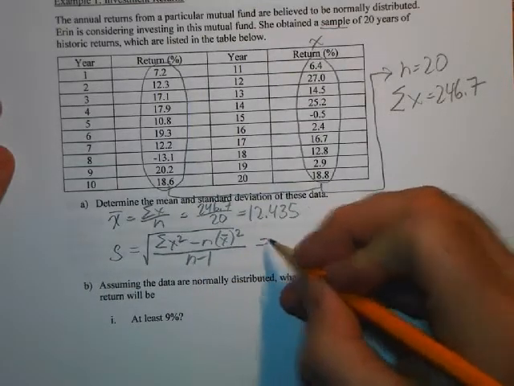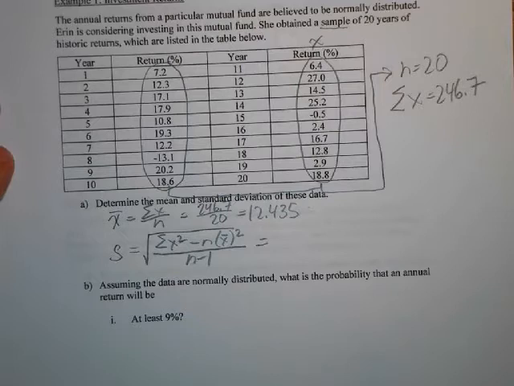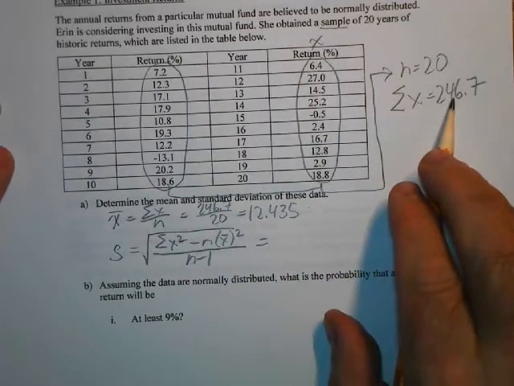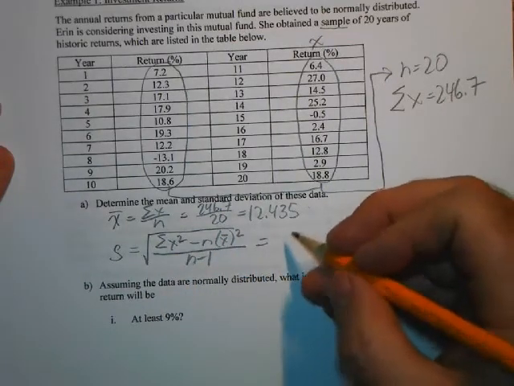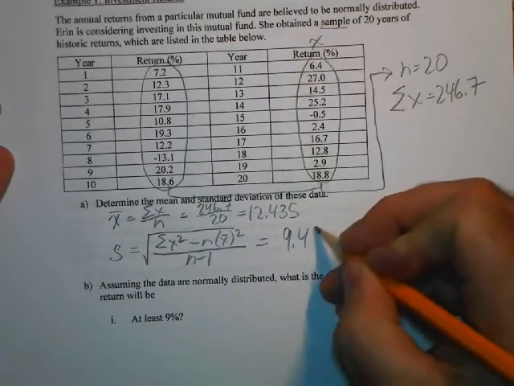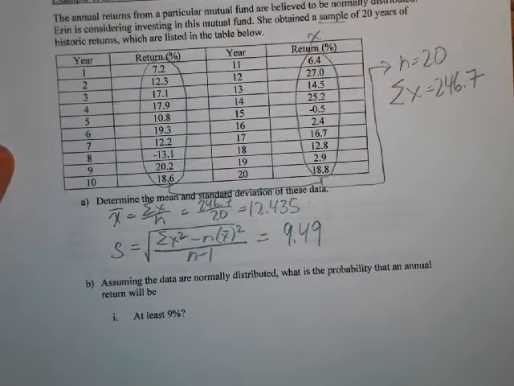I'm not going to bother with the individual values, I'm just going to go right to the final answer. It's 9.49. You could check my math if you'd like, but that's what it is.